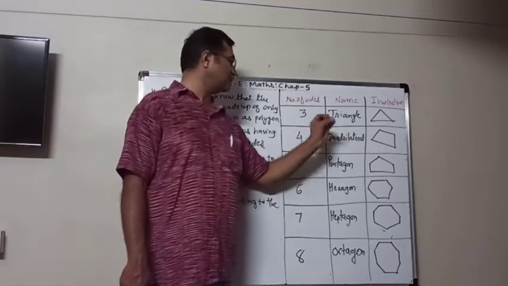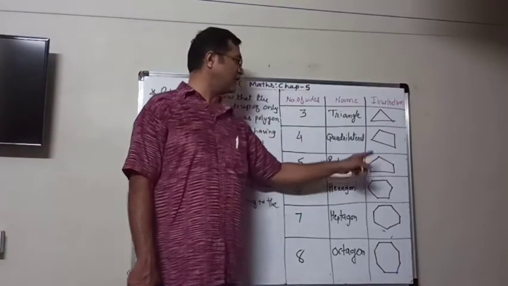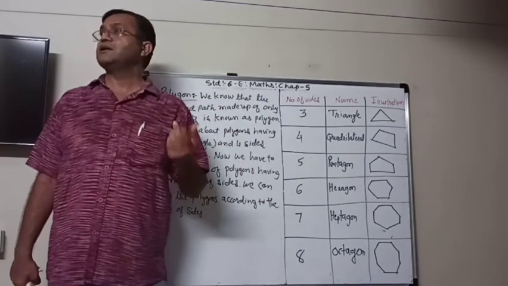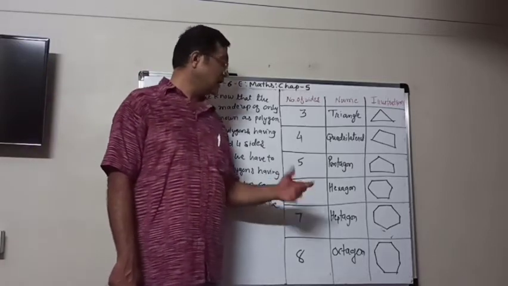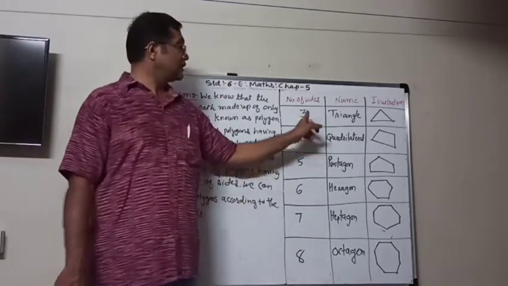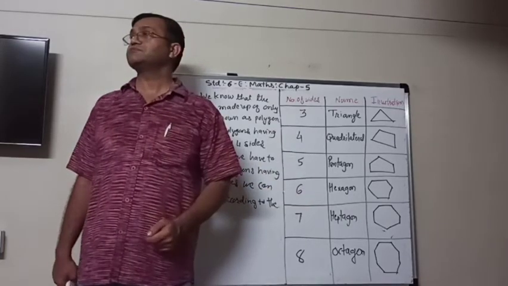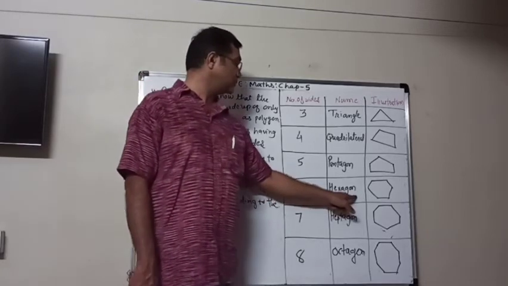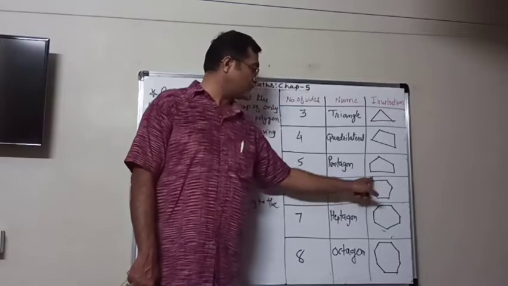So you can see 1, 2, 3, 4 and 5. Then if the number of sides is 6, that is known as a hexagon. Hexagon like this: 1, 2, 3, 4, 5 and 6.